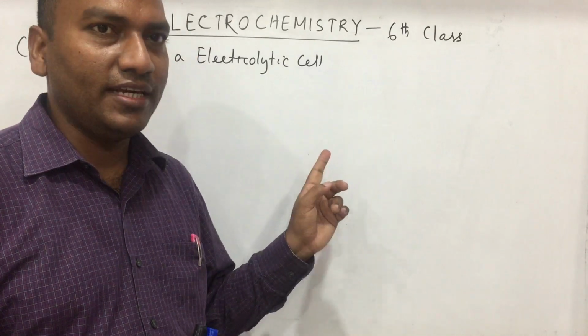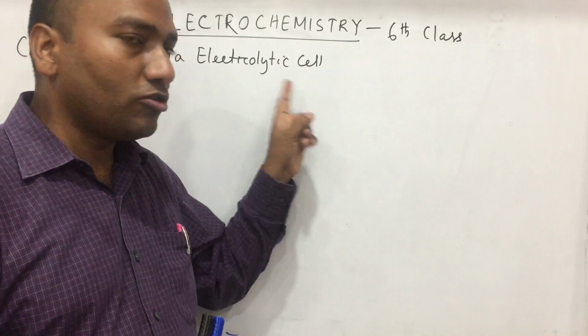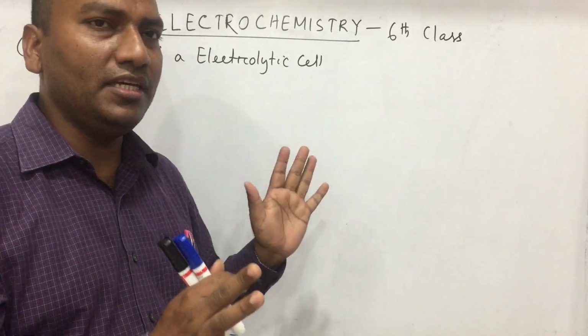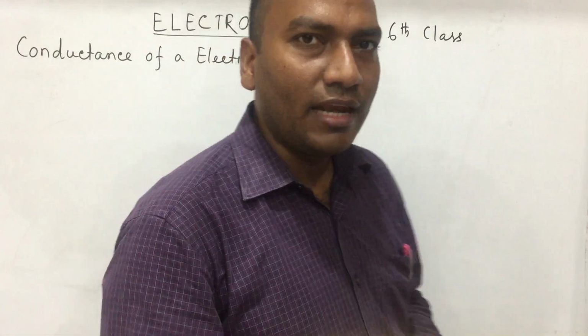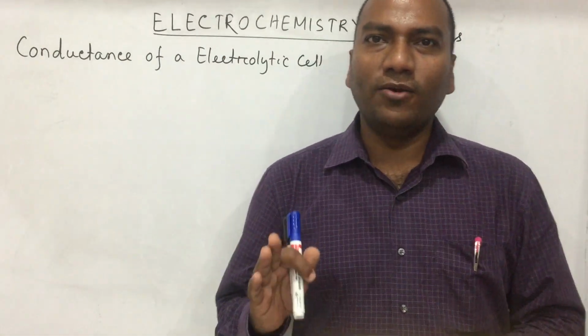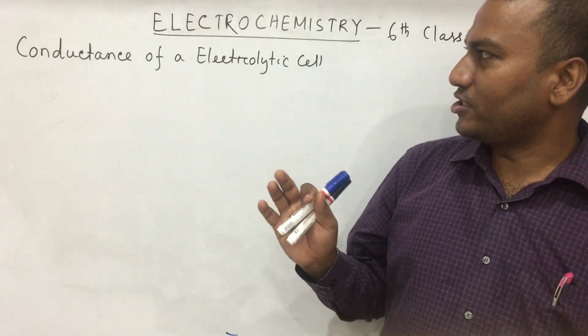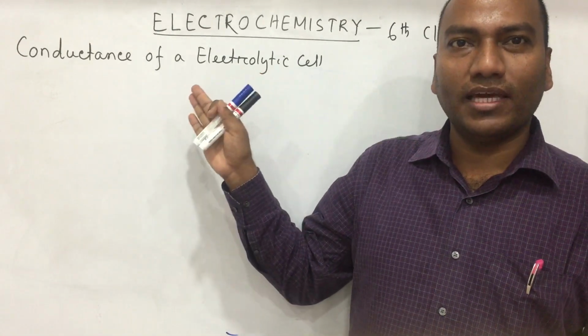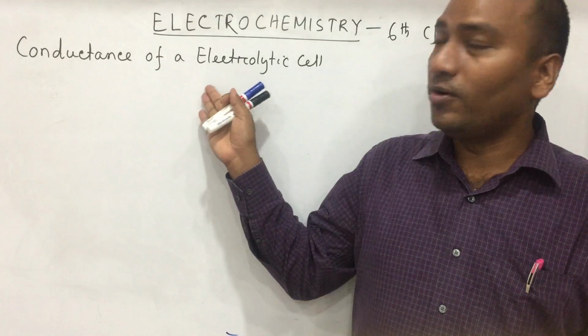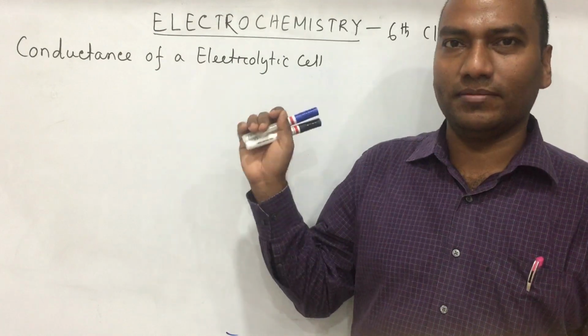In the electrolytic cell, everything is reverse of the galvanic cell. In the galvanic cell we have read anode is negative, cathode is positive. But in the electrolytic cell, anode is negative, yes or no? Sorry, anode is positive, cathode is negative.